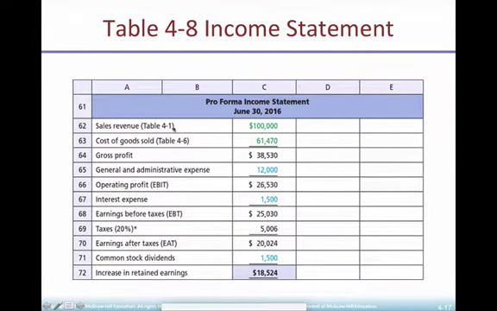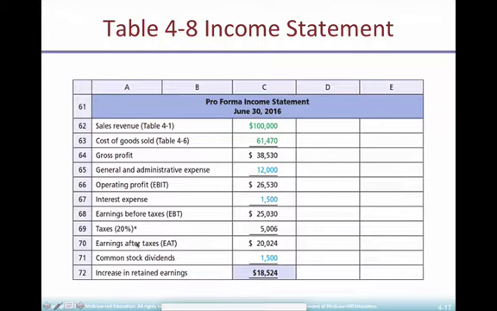Sales revenue for $100,000. Cost of goods sold, we calculated 61,470. Gross profit 38,530. Remember that big table 2 or 3 slides back. Everything that's coming after that is just given in this PowerPoint for the purpose of example. General and administrative expenses 12,000. Then we have interest expenses.